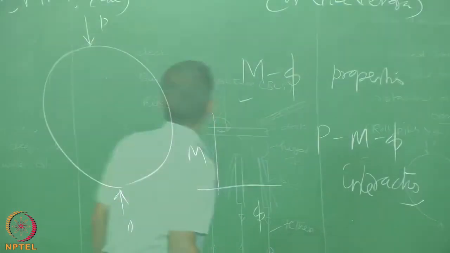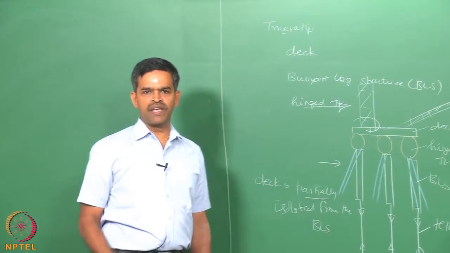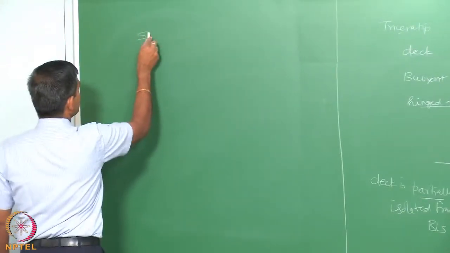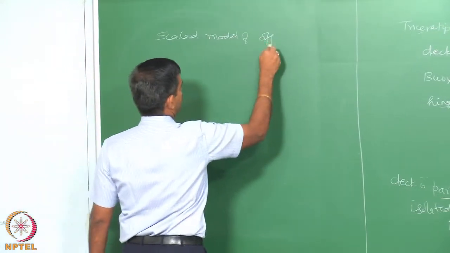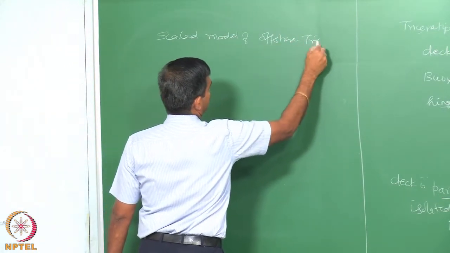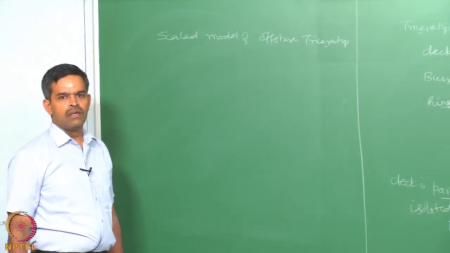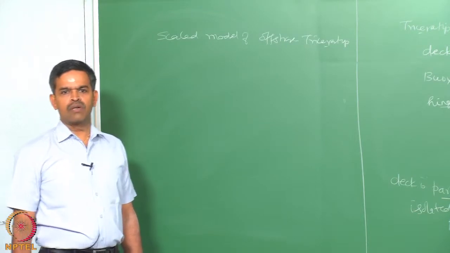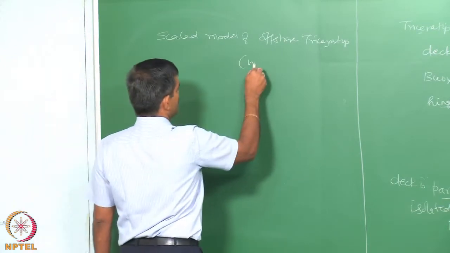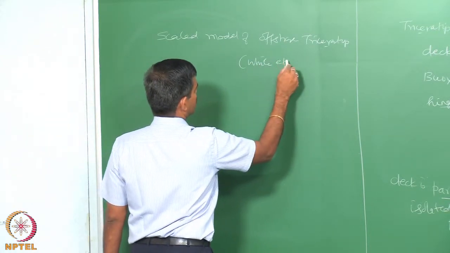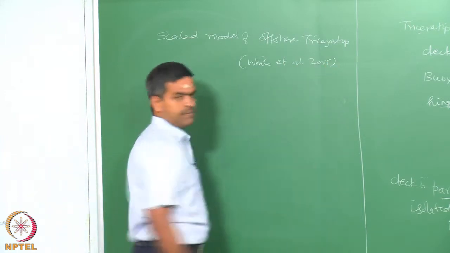So, to ascertain this, we at IIT Madras did a very small experimental investigation on a scaled model of offshore triceratops. The mass properties of the scaled model are derived on the basis of a conceptual idea given by White et al. in 2005.